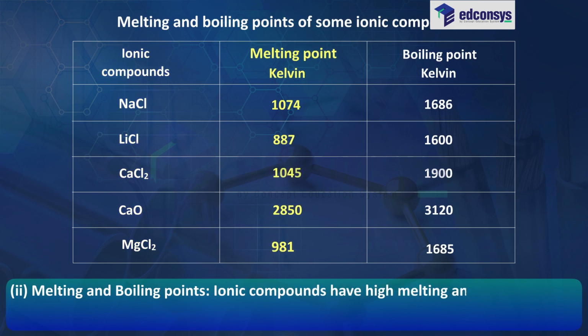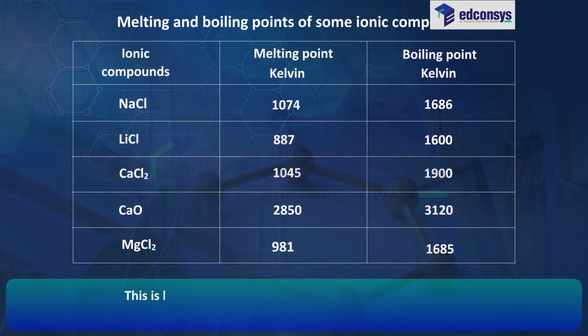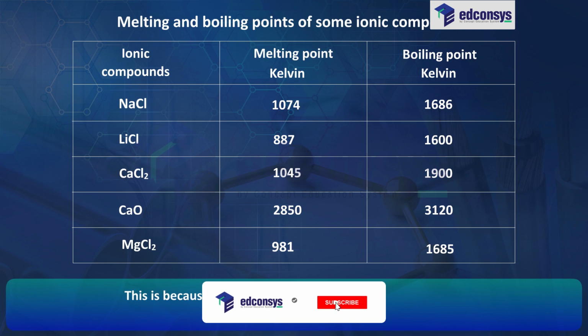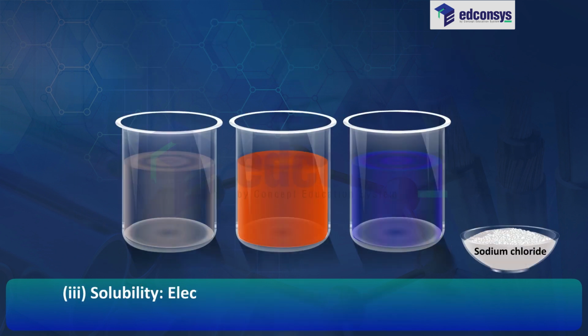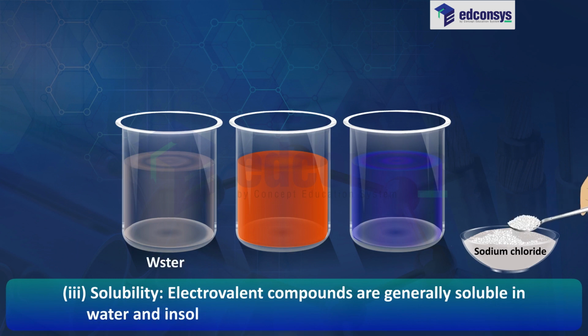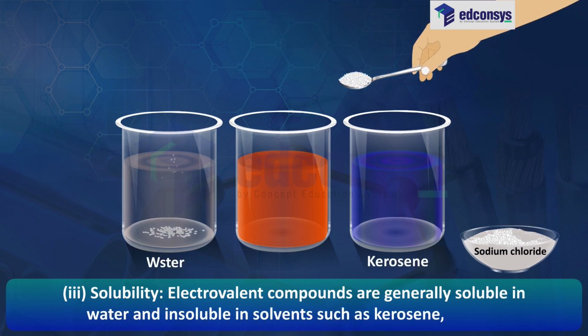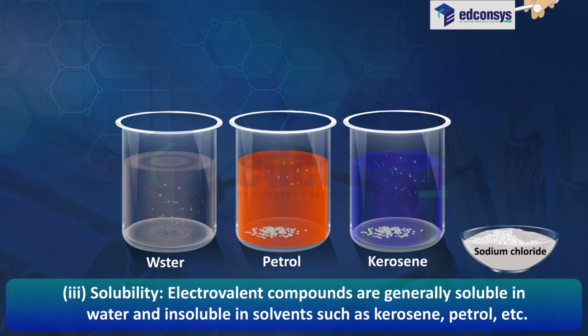Ionic compounds have high melting and boiling points. This is because a considerable amount of energy is required to break the strong interionic attraction. Third, solubility. Electrovalent compounds are generally soluble in water and insoluble in solvents such as kerosene, petrol, etc.